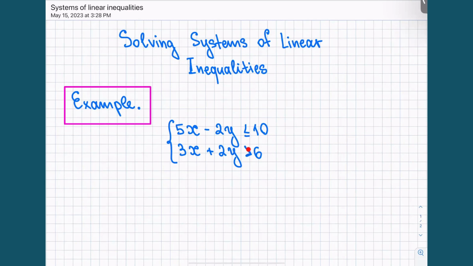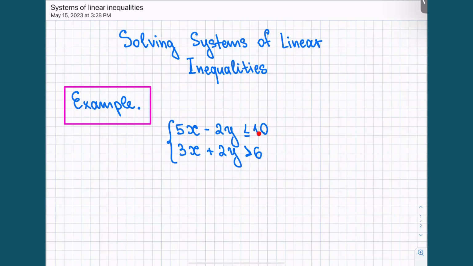What does it mean? In the first case, when you have less or equal than, it means that the solution might satisfy the following conditions. So that the left-hand side may be strictly less than 10, or equal to 10. So you have two opportunities here.